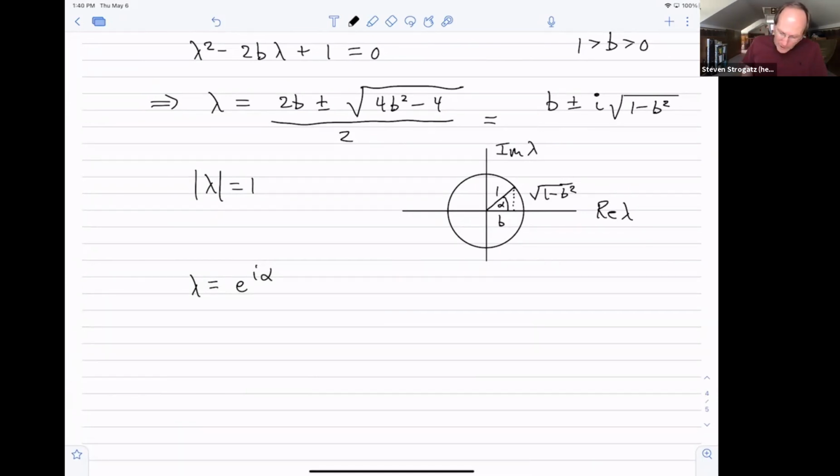Oh, I see. Because I have these two cases, plus or minus i times that square root. So actually there are two different lambdas. Good point. So I better say there are two roots for lambda. So I get e to the plus or minus i alpha.